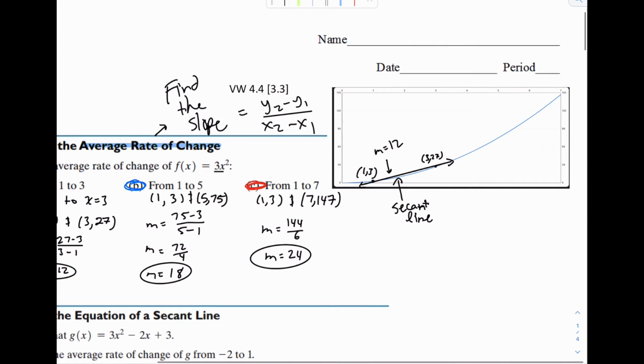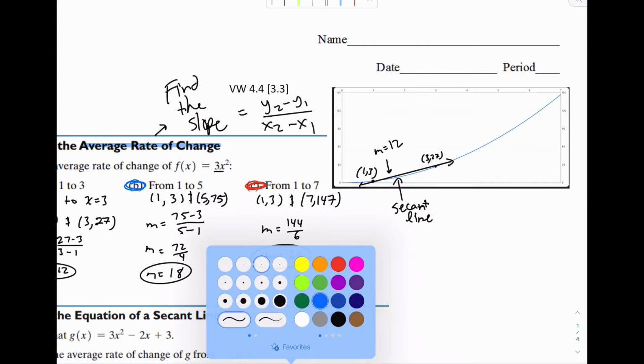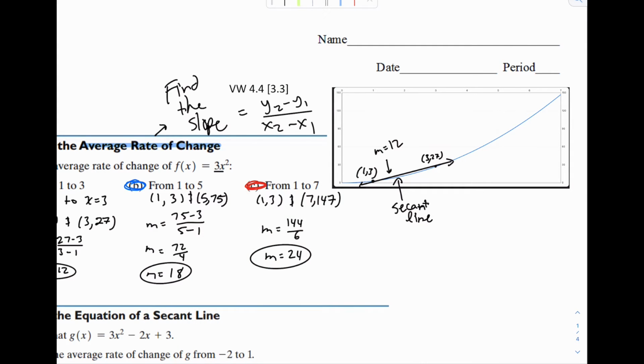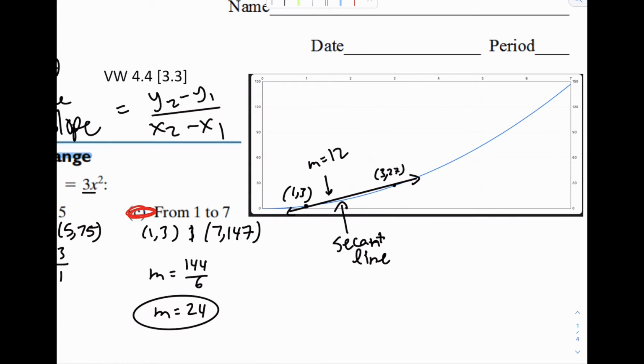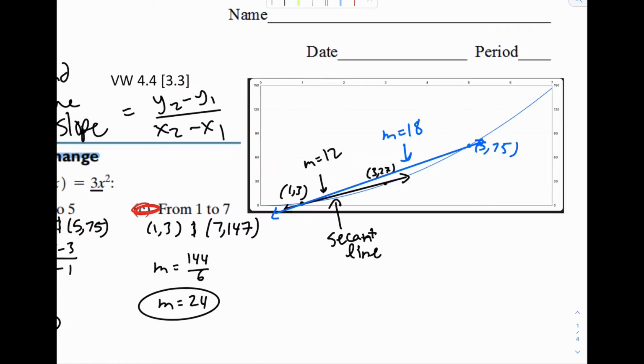So if I keep following that, the next one, I'll do that in blue. It uses the same 1, 3, but it goes to 5, 75. So that's about right there. I'm going to connect them. Right here, we found that the slope of that line was 18.